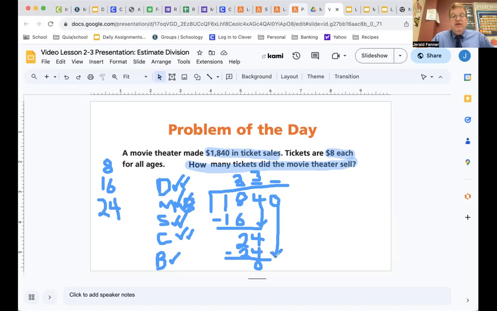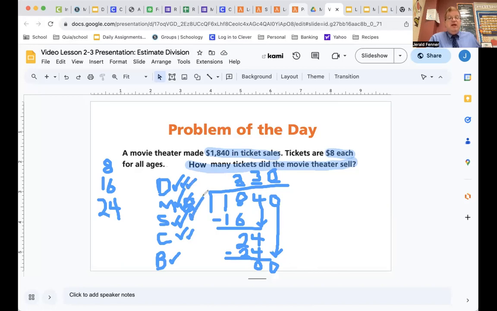When we bring down the 0, we're going to just have 0. So what are we going to fill in this empty space with? We've got to use some digit. If we said it's 8, that'd be 1, but that's too big. So instead, we're going to use the number 0. The 0 hero. When we multiply 8 times 0, it's going to be 0.